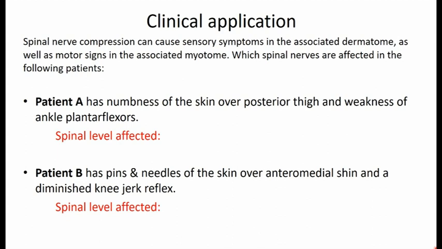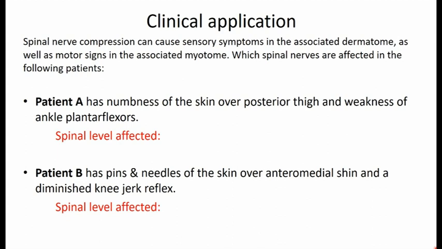And that compressed spinal nerve is going to affect all the afferents and efferents that are travelling through it. And therefore it's going to cause sensory symptoms such as numbness in the associated dermatome, and or motor signs such as weakness in the associated myotome, or a loss of reflexes in that associated myotome.